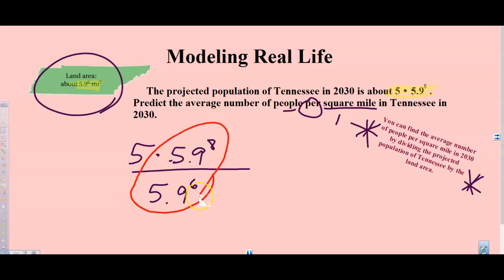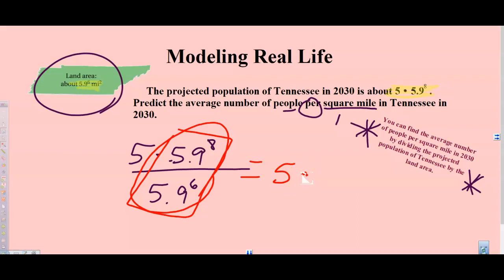So we're going to focus on this 5.9 base. Okay? We're going to brush that other extra 5 out of the way, and we're going to focus right here when my bases are equivalent to each other. And actually, we're just going to pull that 5 out in front because we're not going to touch it right now. And then let's do this.